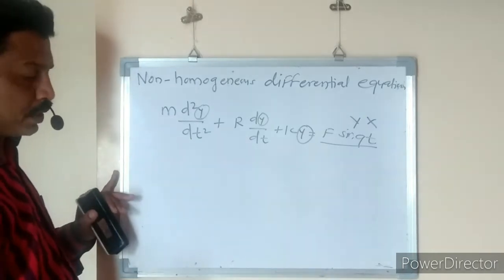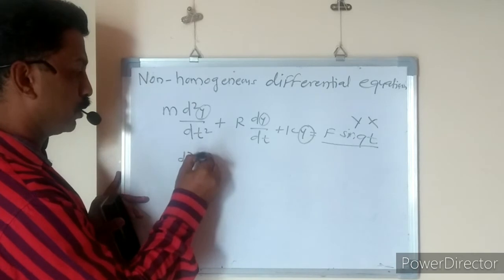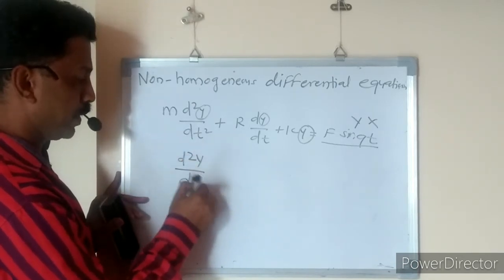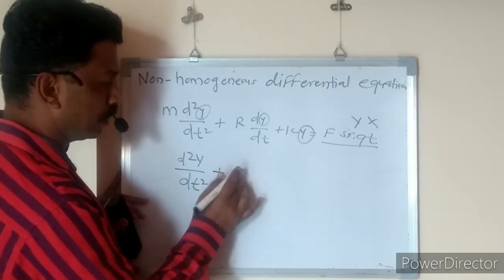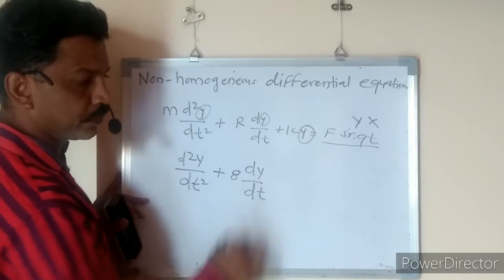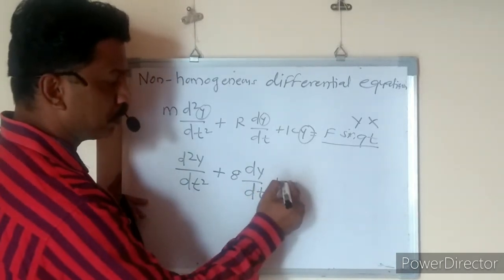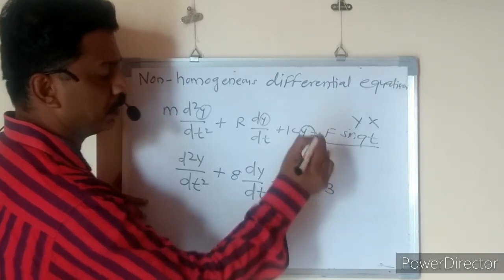Now we take one another example, d2y by dt square plus 8 dy by dt plus 4y equal to 3.